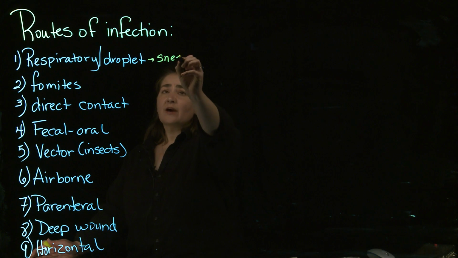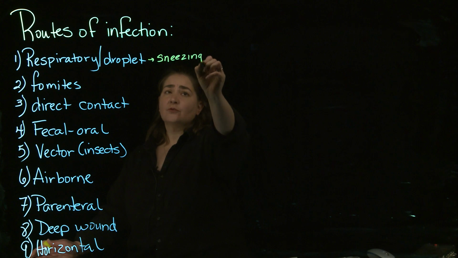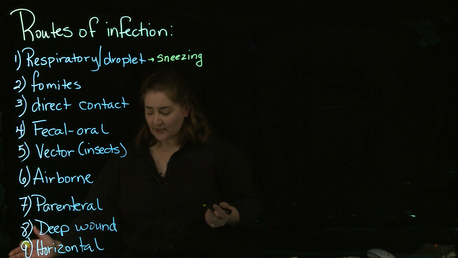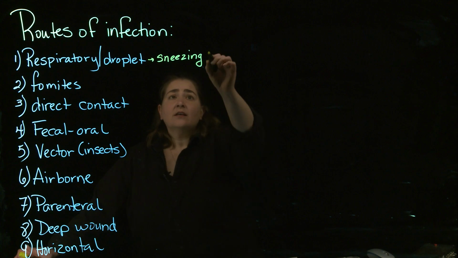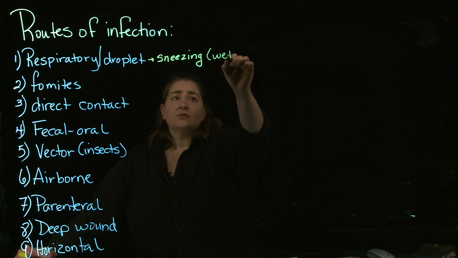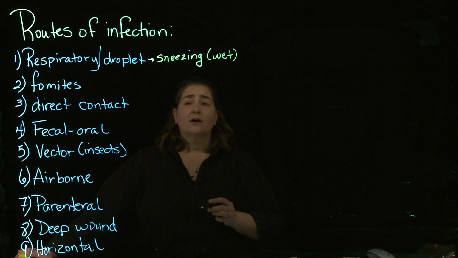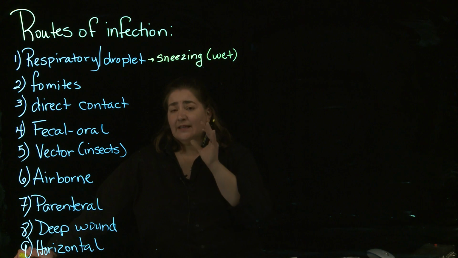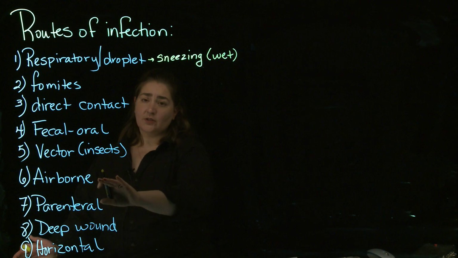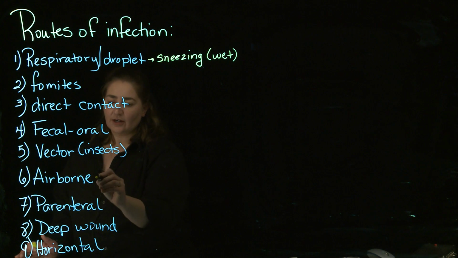What you want to think about in terms of respiratory or droplets are things like sneezing, okay? The key here is you've got kind of a wet transmission that's going on, in contrast to one of the other ones on our list, airborne, all right?